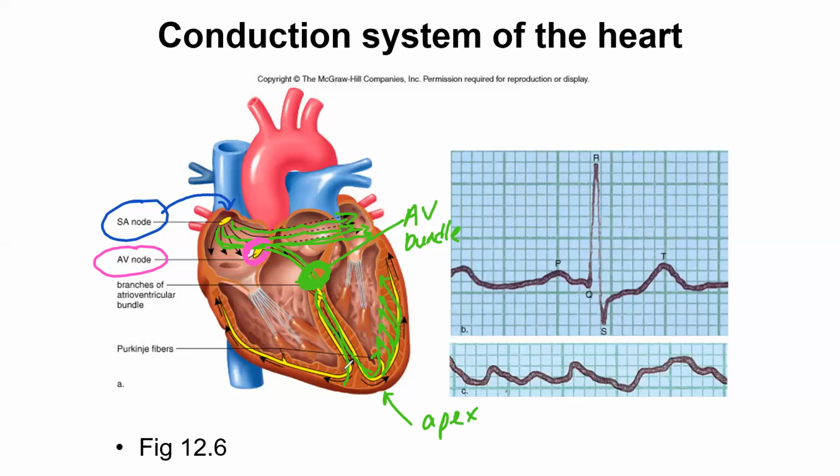Those are called Purkinje fibers. Anywhere this green line touches, that's where the heart is going to get electrical signals transmitting, and then it's going to squeeze the muscle. So the first thing that happens is the atria contract, and then the signal goes down to the ventricles, and then the ventricles contract.